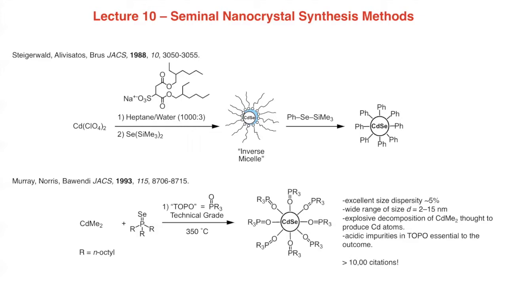So you make little reaction vessels inside of those surfactants, and then Mike, with all of his knowledge of main group organometallic chemistry, added bis-trimethylsilyl selenide to that mixture to form a cadmium selenide crystallite inside.